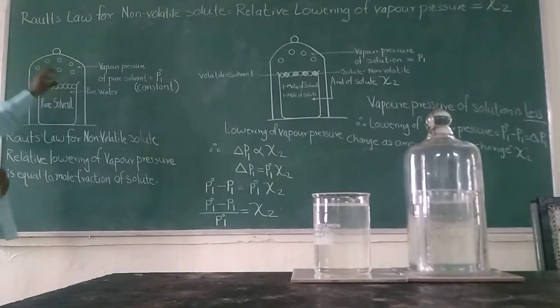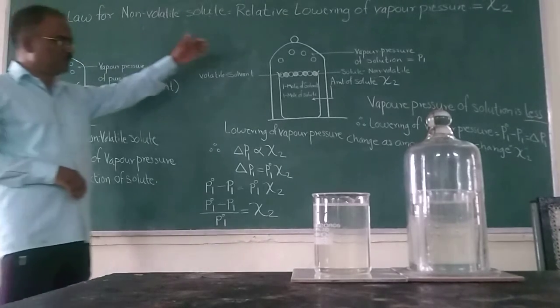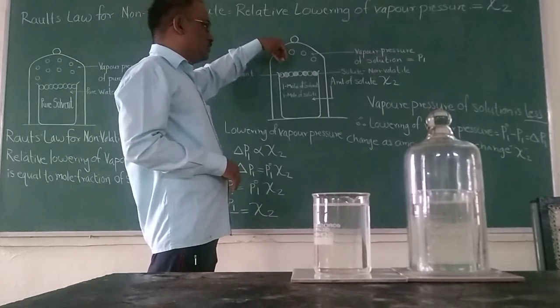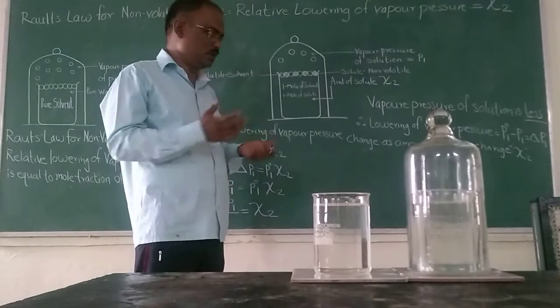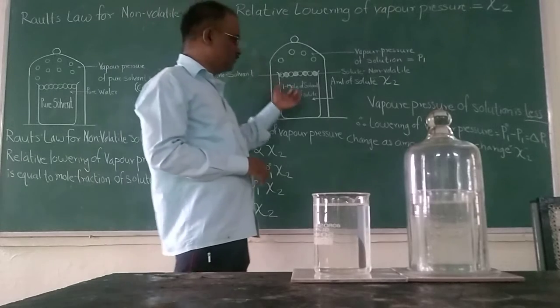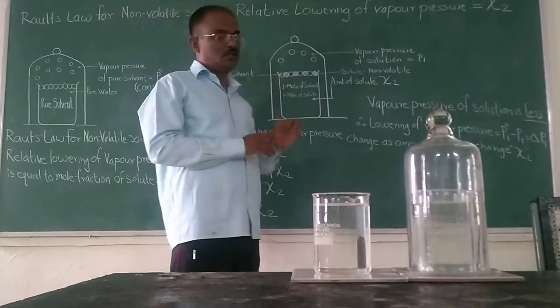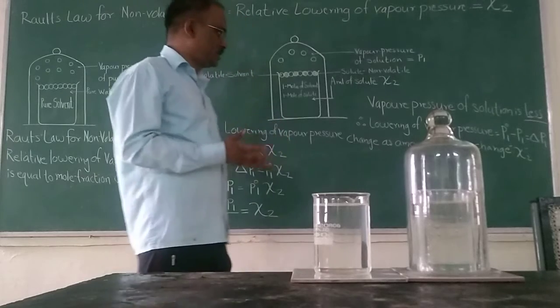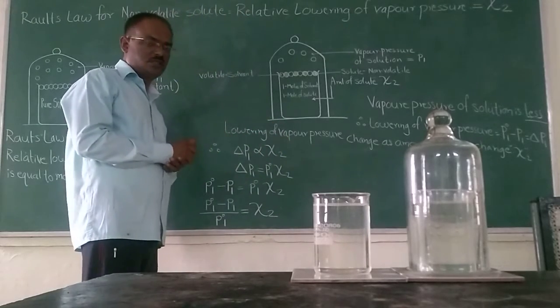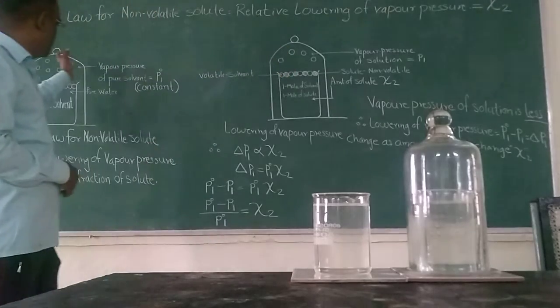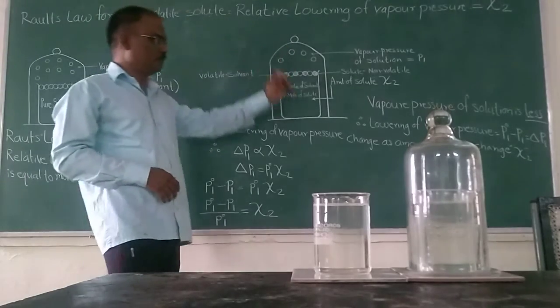So for the solvent, see here 8 molecules are there and that is going to produce more vapor pressure, and here only 4 water molecules are in the vapor and it will produce less vapor pressure. Now after addition of the solute, after addition of the salt, the vapor pressure is decreased. So see that decrease is there. Here it is more vapor pressure, here it is less vapor pressure.